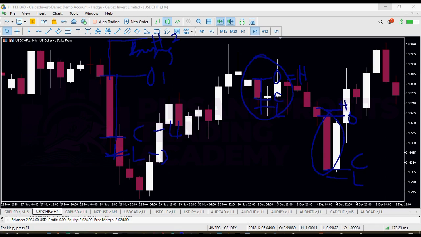We have also said that the distance between the opening and the close is the body, and the body speaks of the volume that has come into the market. For a bearish candlestick, the upper wick is some form of buying pressure or buying intimidation. So the bulls intimidated the bears. However, the bears were stronger, so they were able to push price lower.